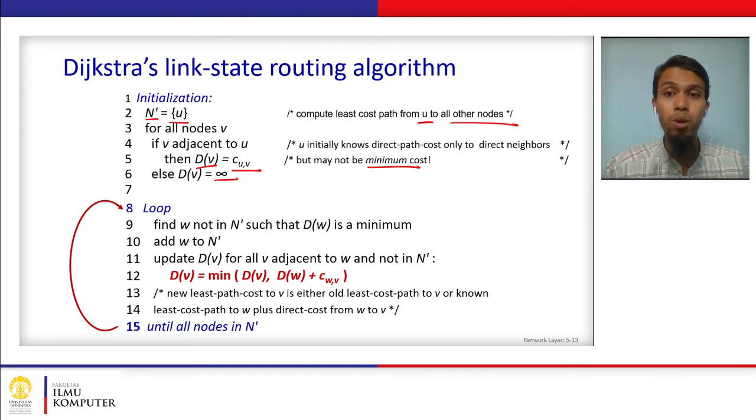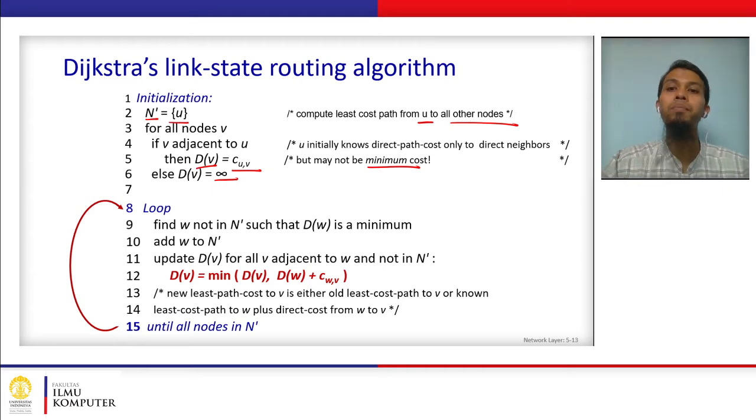W can be any node which is not in the list of N prime. If we find that D(w) is minimum, then we add w to N prime, so for example u and then w. Then we update D(v) for all v adjacent to w and not in N prime.